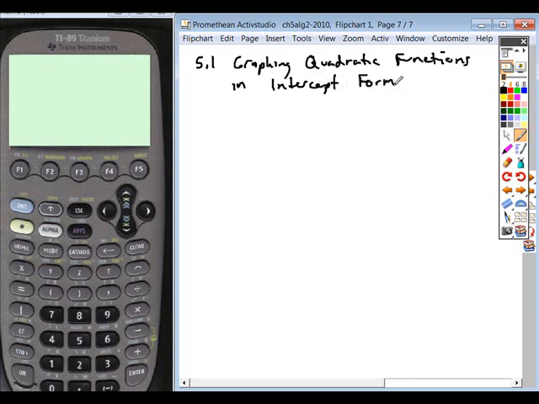And intercept form basically means it's written as factors. So if you have a quadratic function and it's written as factors, okay, so here is your intercept form.